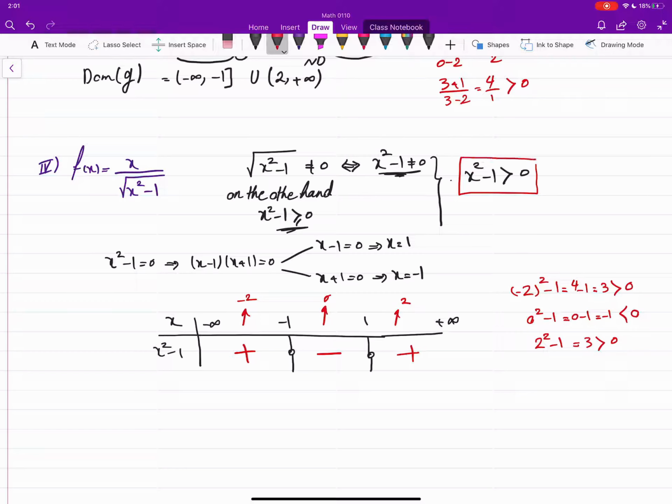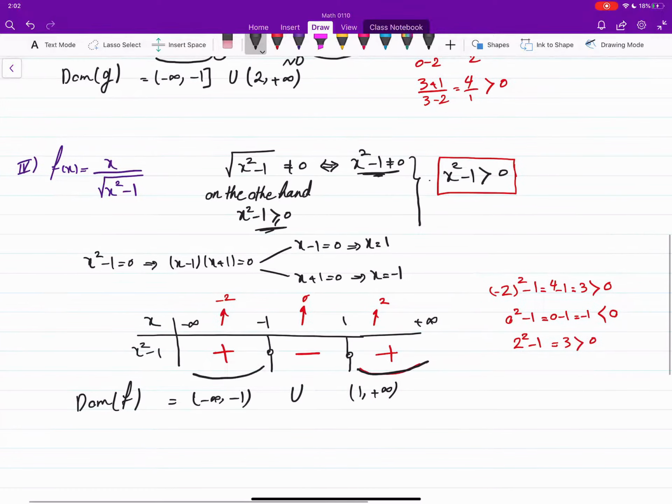This is the only restriction we have to make sure happens. So we are looking for only the positive parts, not including the zeros. That means that we can plug in any number from negative infinity to negative 1 and from 1 to plus infinity. Make the union of those. This is the domain of this new function.